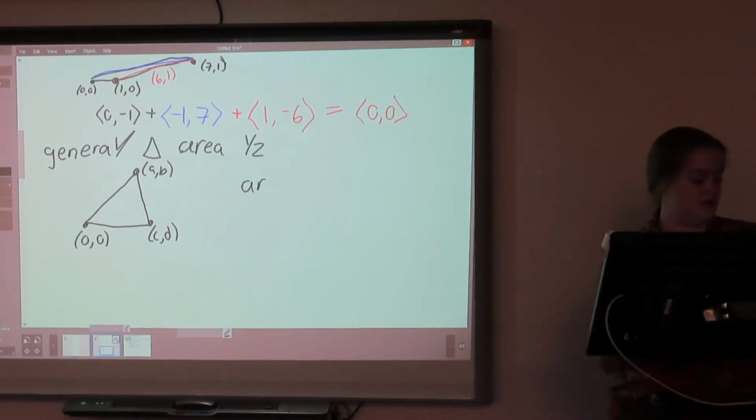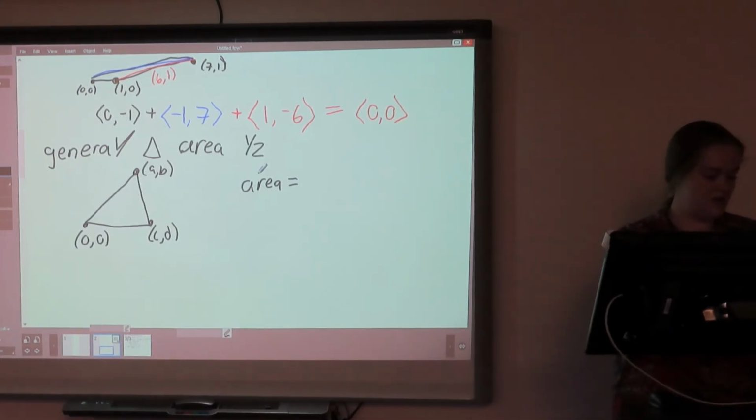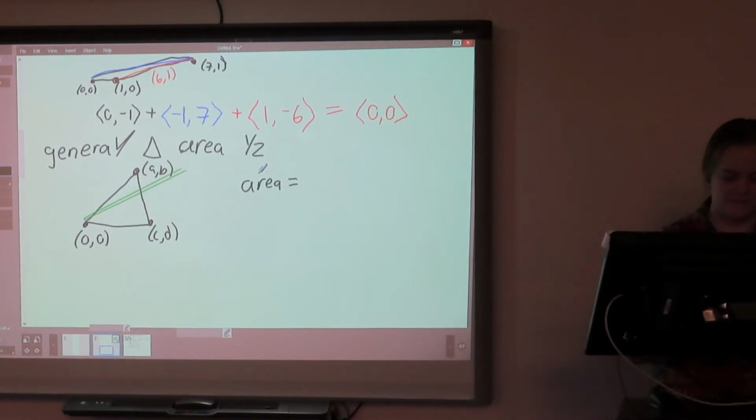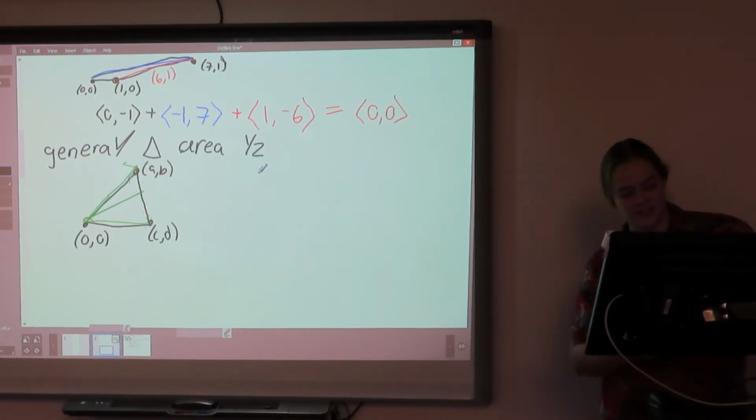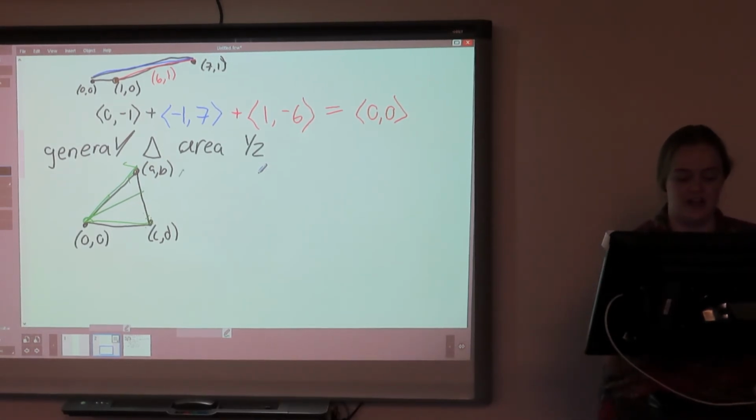We can look at the area of the triangle. If you look at the determinant of these two vectors that go along the outside edges, you're going to get the area of a parallelogram that looks like this.